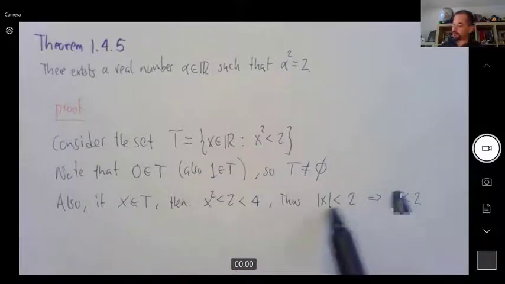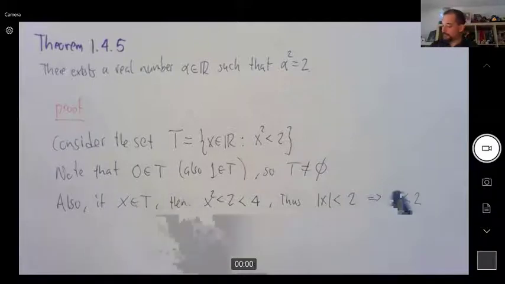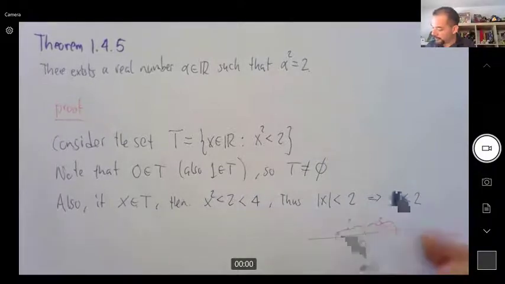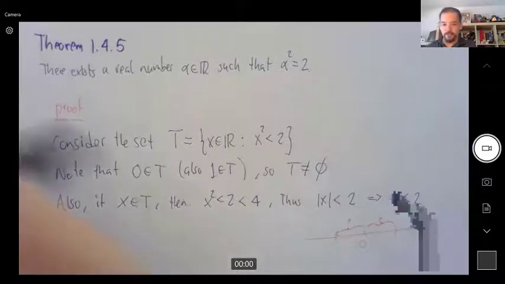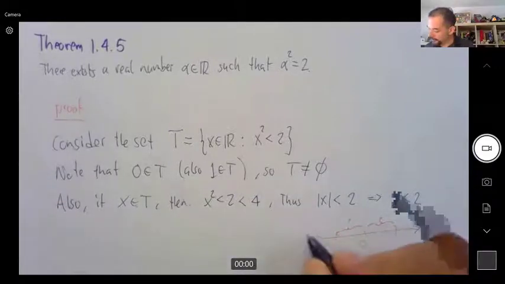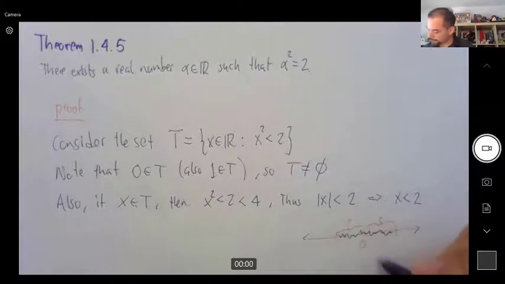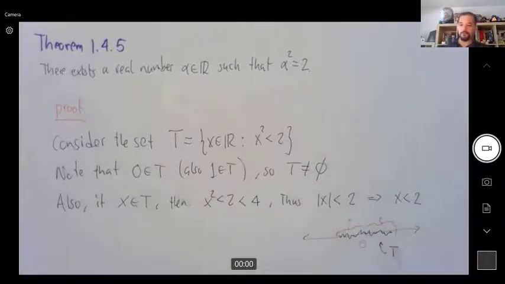What is the meaning of a number being less than 2 in absolute value? It means that its distance from 0 is less than 2. If you go 2 units this way or 2 units that way, that's where the entire set lives. So the entirety of T is somewhere in here, between -2 and 2. So -2 is definitely a lower bound.